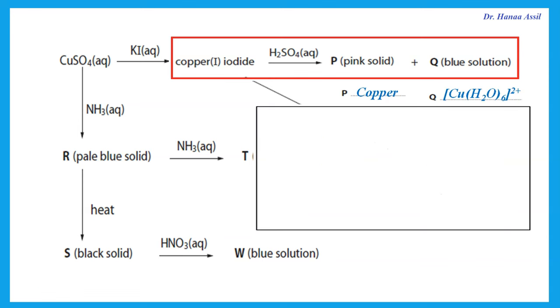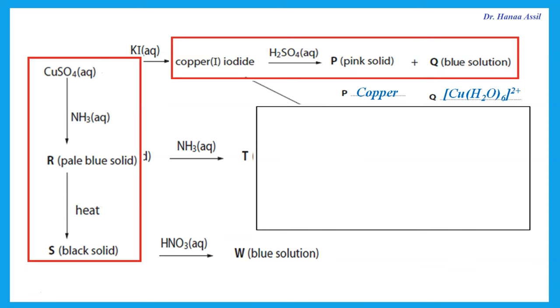Now, let's ignore all of this part for now, and let's look at R and S. What is R and what is S? R is a pale blue solid. When we add copper sulfate to ammonia, remember when we add drops of ammonia to the copper sulfate, it gives a pale blue precipitate.